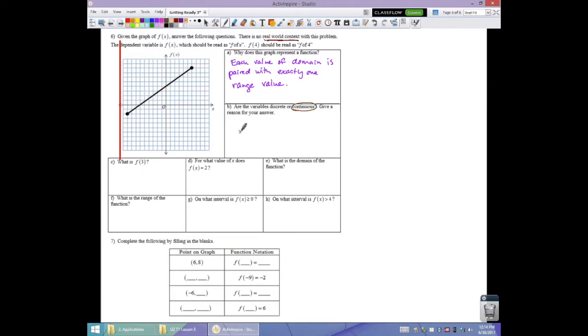The reason is that the endpoints of the segment are connected. All the points between one end and the other count. They exist. So there are no jumps in the graph. Okay? The endpoints are connected.